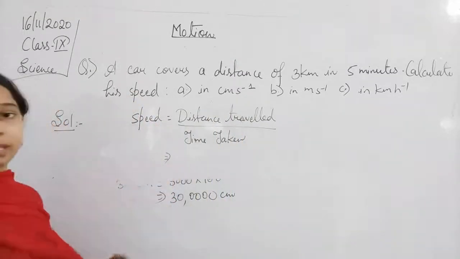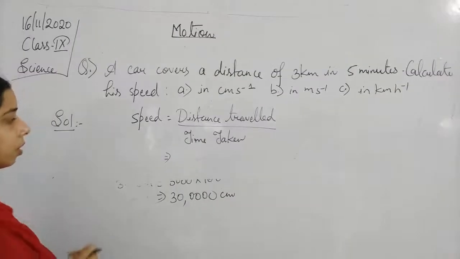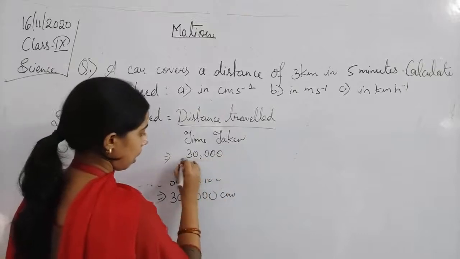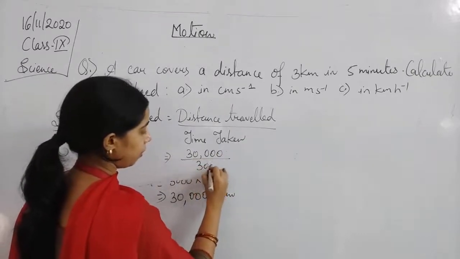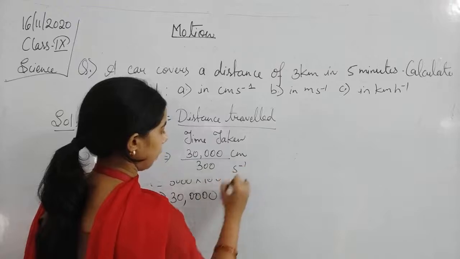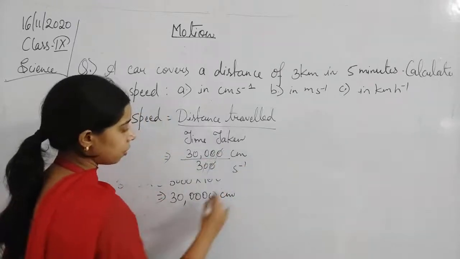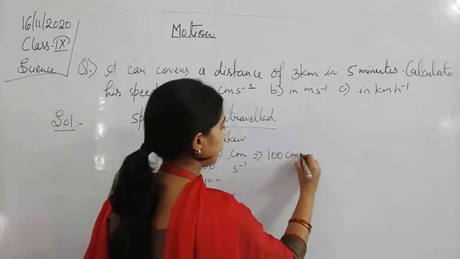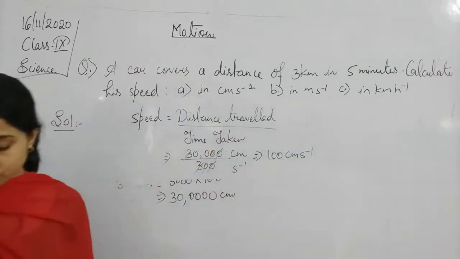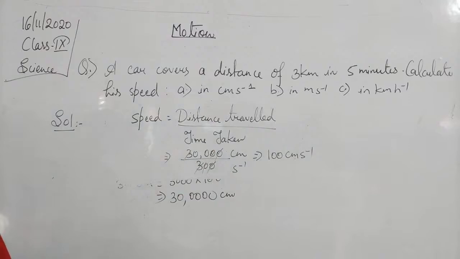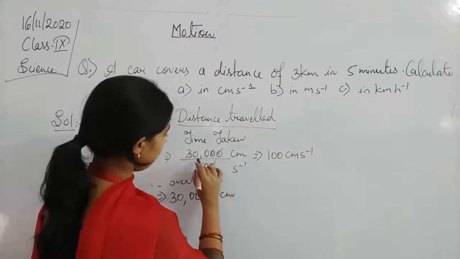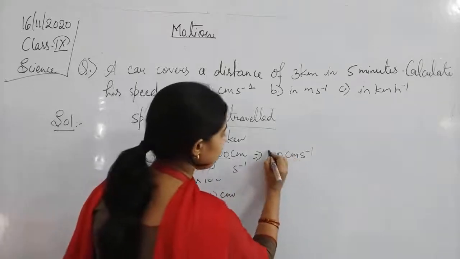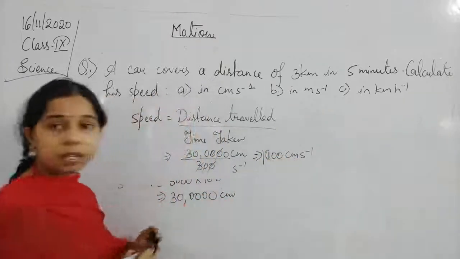So this will be equal to 3,00,000 upon 300 centimeter per second. So the zeros will cancel each other, and the answer will be 1000 centimeter per second.